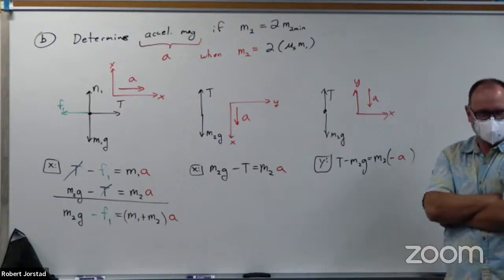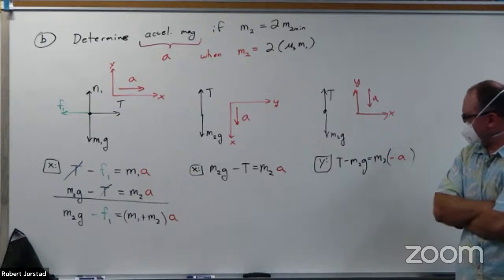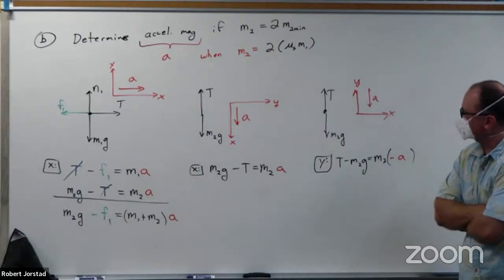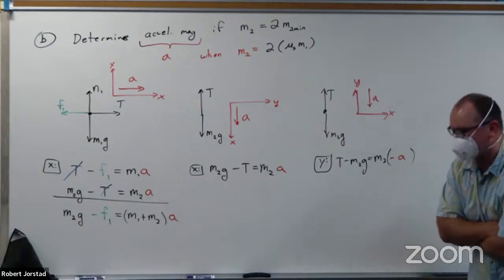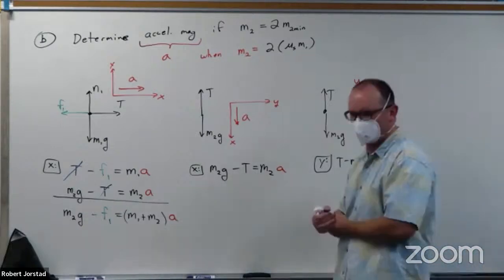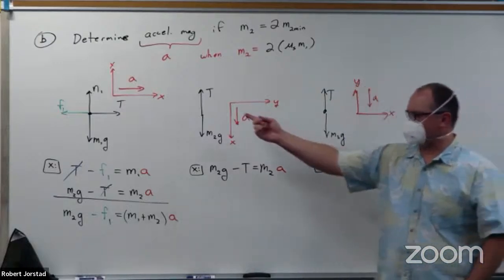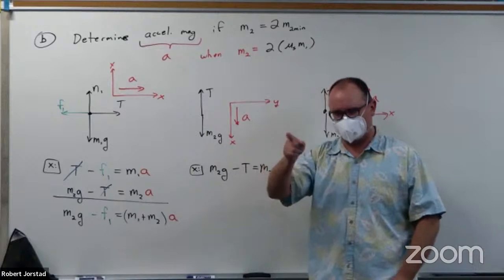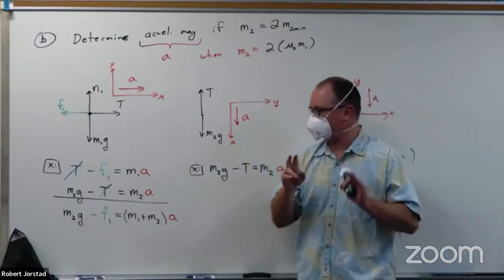What's F1? What is it? Mu S N1? Mu N1? That's not good enough. There's two mu's. Which mu? Mu S? That's wrong. It's accelerating now. It's sliding relative. Do you agree? So watch out. So we see there's two things that change.